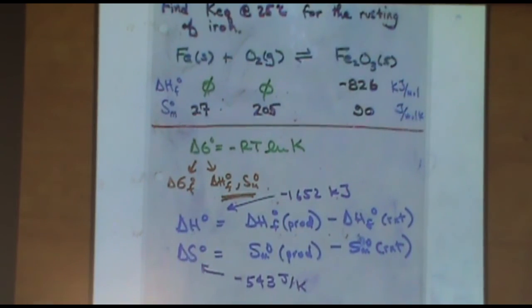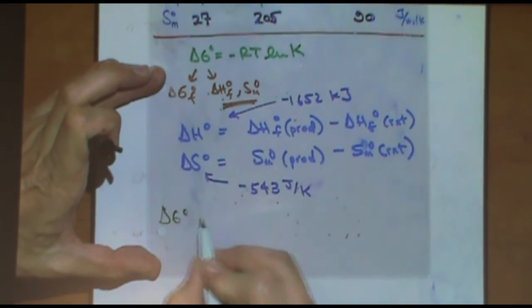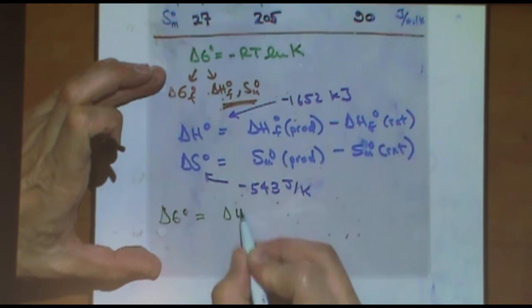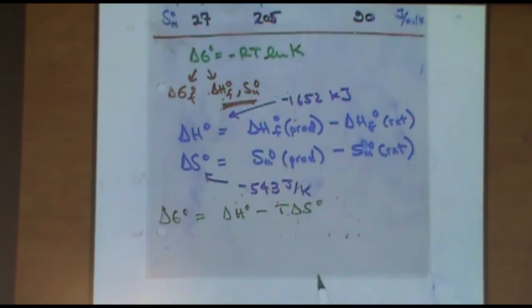And then it's using the other equation for delta G that we had up before, which is this. Delta G standard is equal to delta H standard minus T delta S. Again, I'll let you calculate that.